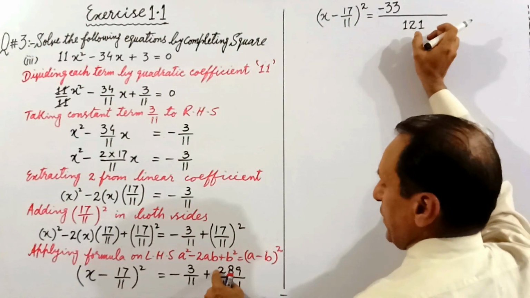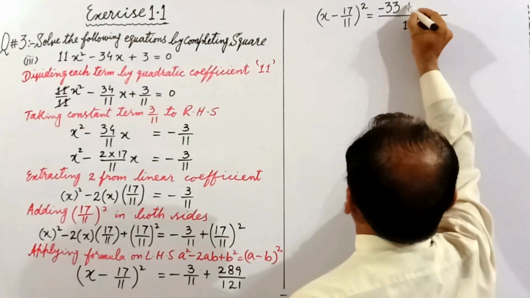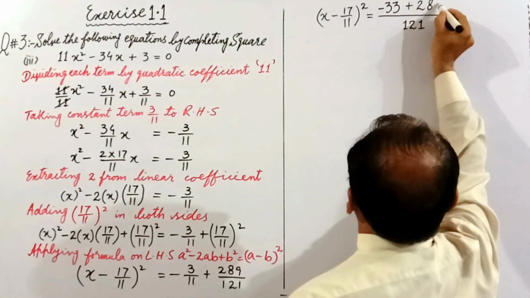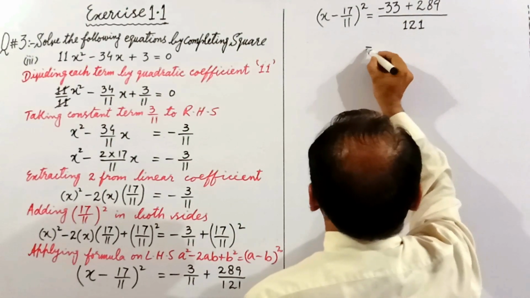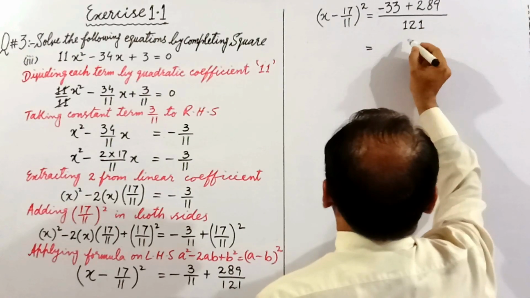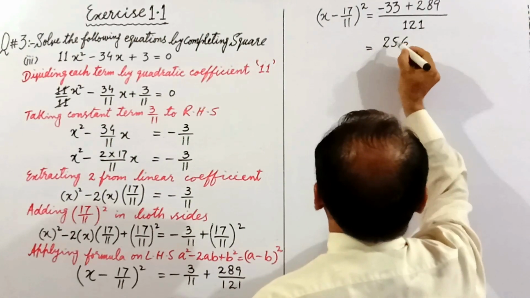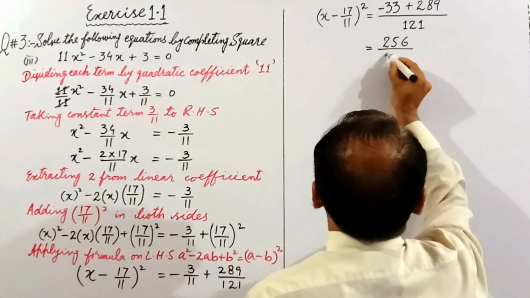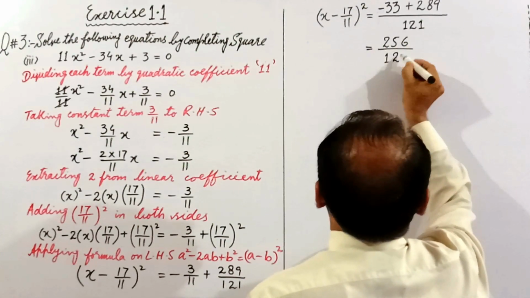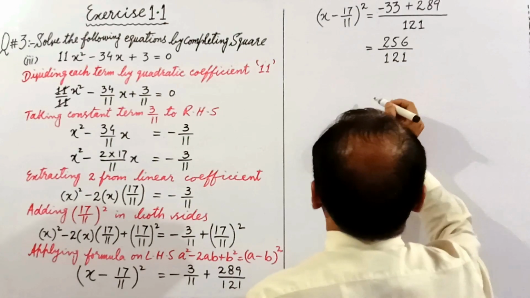We get 1, and 1 is multiplied to 289. We get plus 289. By adding, we get 9 minus 3 is 6, 8 minus 3 is 5, 256 in numerator divided by 121.